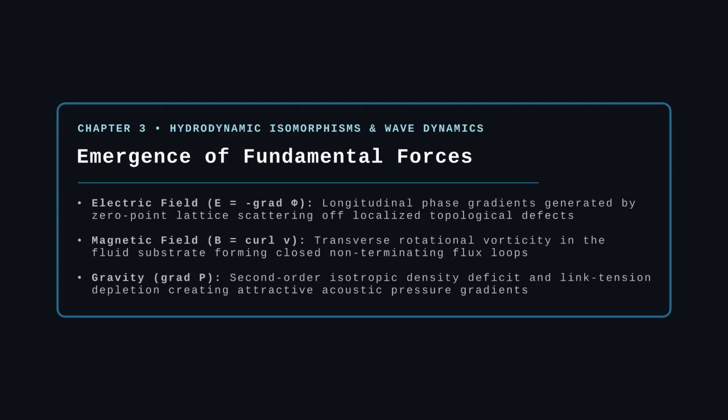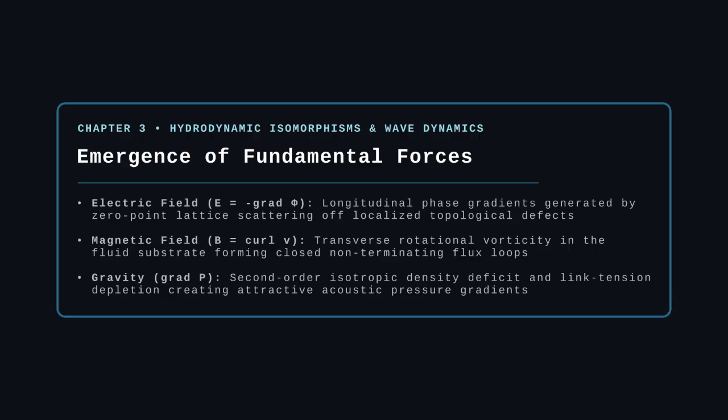Rather than treating electrostatic, magnetic, and gravitational forces as distinct fields mediated by hypothetical virtual particles, MSVT investigates whether macroscopic field vectors can be mapped to the fundamental geometric degrees of freedom of a compressible, elastic superfluid substrate in the linearized acoustic limit, where delta rho is much less than rho0.